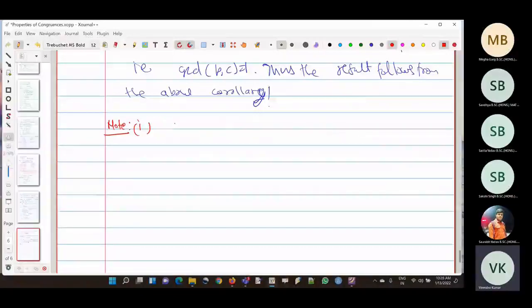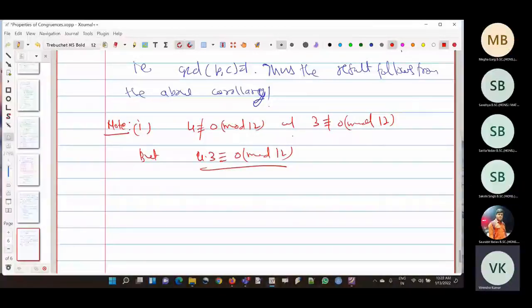That is, 4 is not congruent to 0 modulo 12, and 3 is not congruent to 0 modulo 12. But 4 times 3 is congruent to 0 modulo 12. So even if they are incongruent to 0, their product may be congruent to 0.